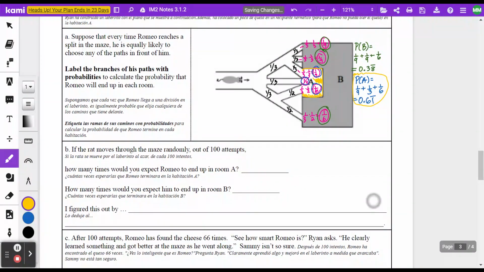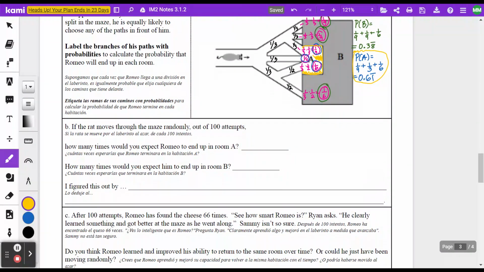Okay. So if the rat moves through the race randomly out of 100 attempts, how many times do we think Romero would end up in room 1? Let's think. About 61% of the time. Okay, that's what I think then. So about 61 times.